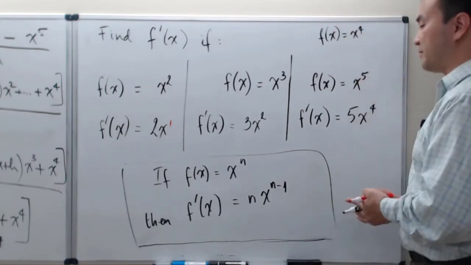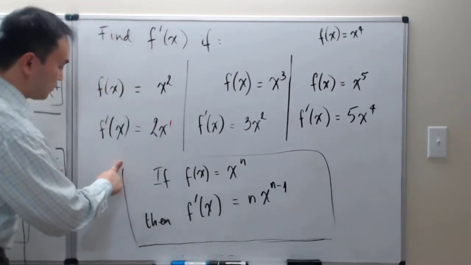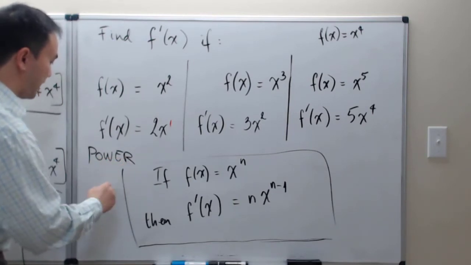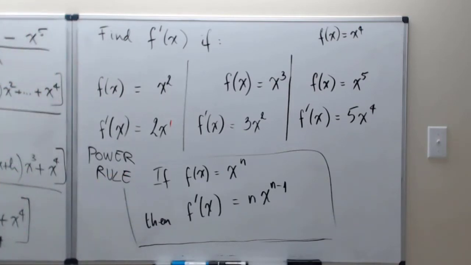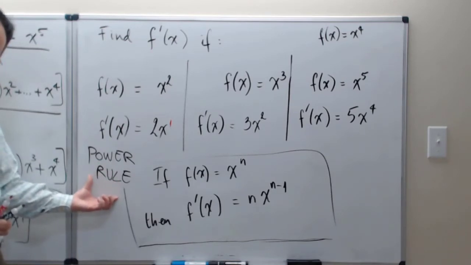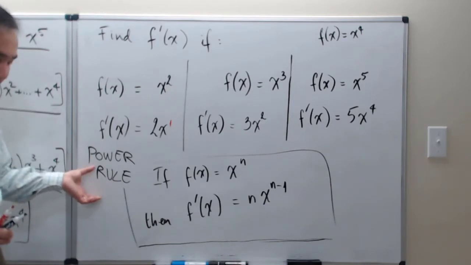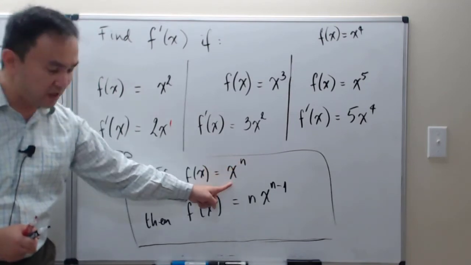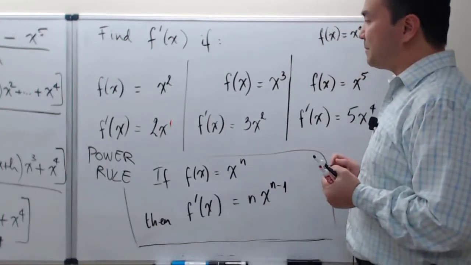So ladies and gentlemen, what we have just recognized is the famous so-called power rule. This is the reason why the rule for taking this kind of derivative is named the power rule, because it applies particularly to that family of functions where it is some power of x. So that's the power rule.